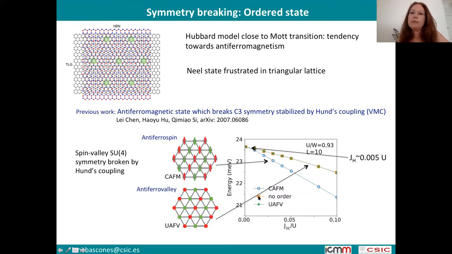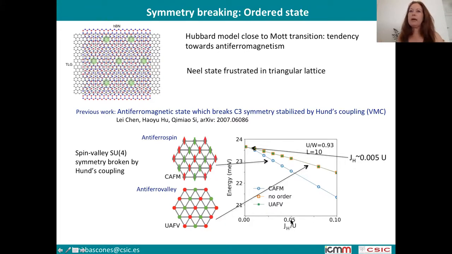So now, if you look at this picture, what it seems is that it's really Hund's coupling that is creating this state.